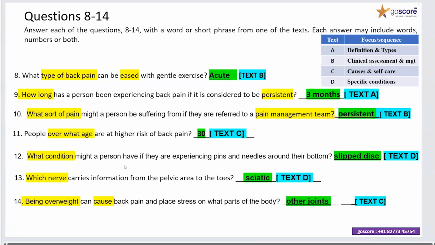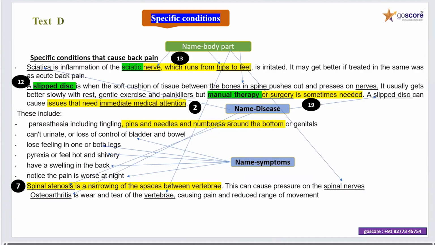Then the 12th question: what condition might a person have if they are experiencing pins and needles around their bottom? Condition, we have read here, specific condition, in text D. Check text D. Here they have mentioned the slipped disc, and they say these include, and here paresthesia including tingling, pins and needles and numbness around the bottom or genitals.